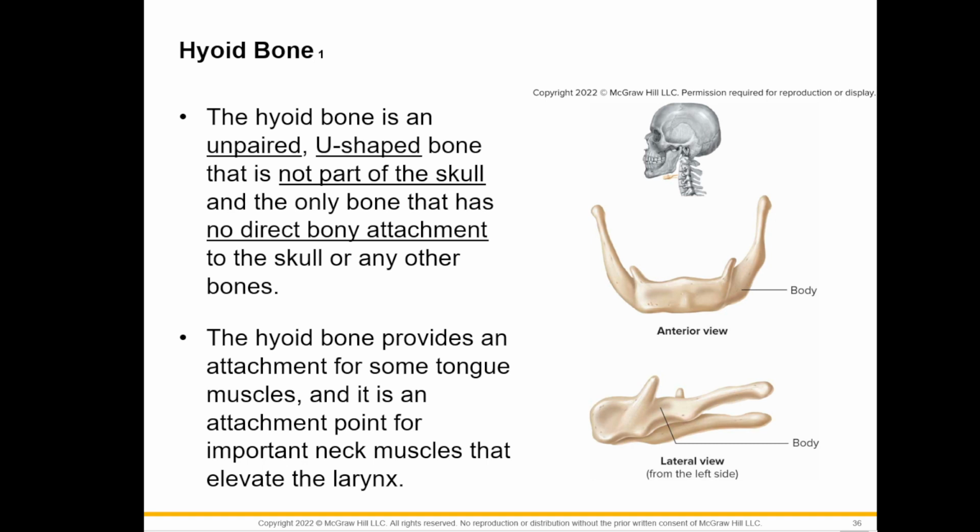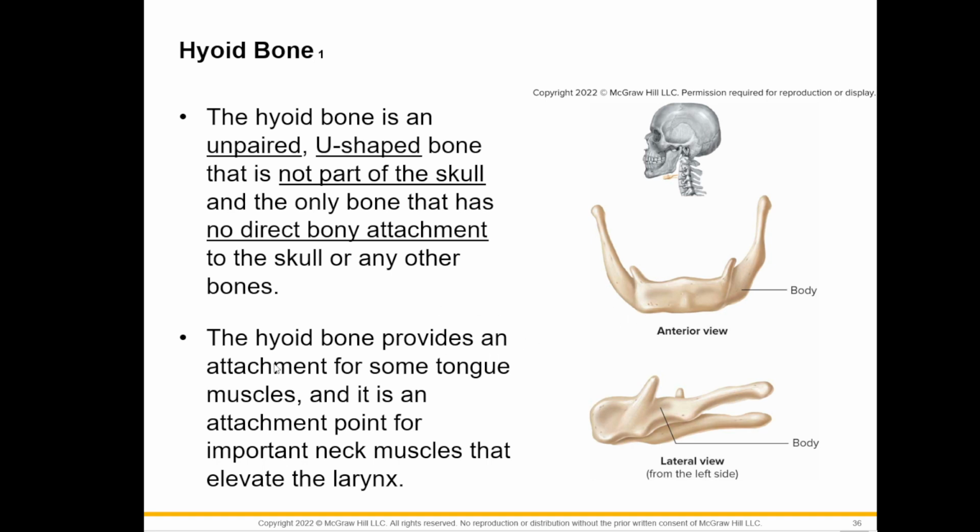But the most important thing for it is the only bone that has no direct bony attachment to the skull or any other bones. Basically, the hyoid bone is a floating bone. It is not attached to any other bone. Okay, you have to remember that. So what is the function of the hyoid bone as a floating bone?